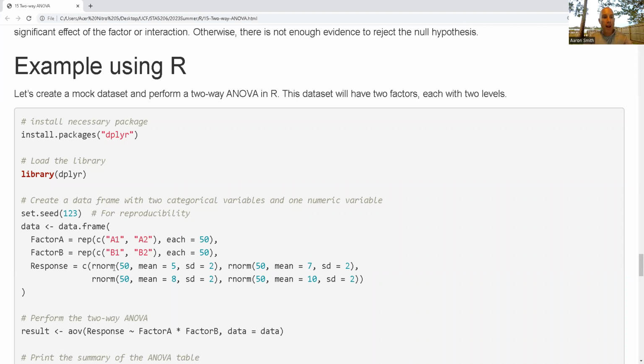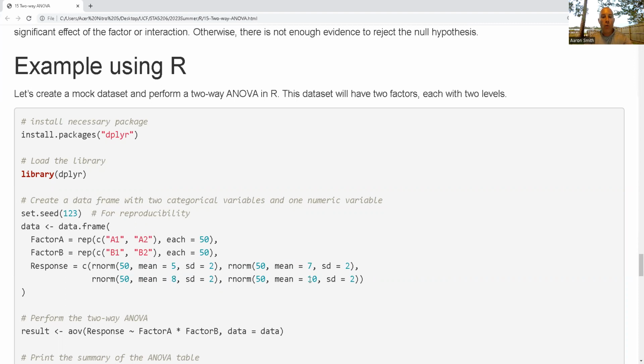I'm building up my data, and you can see that I've got four different averages here. Okay, so what this says, by the way that I'm generating it, I've got four different subpopulations, and I'm setting it up so that I have four different population means.